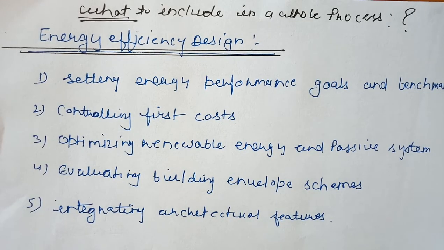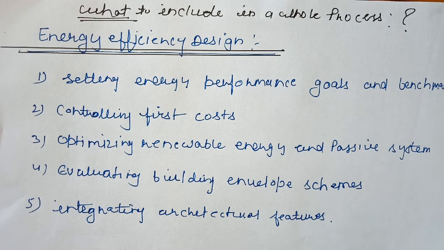What are the governing factors while we do this process? Some factors we should keep in mind are setting energy performance goals and benchmarks. We have to set up goals, what we actually want from our site and our building.